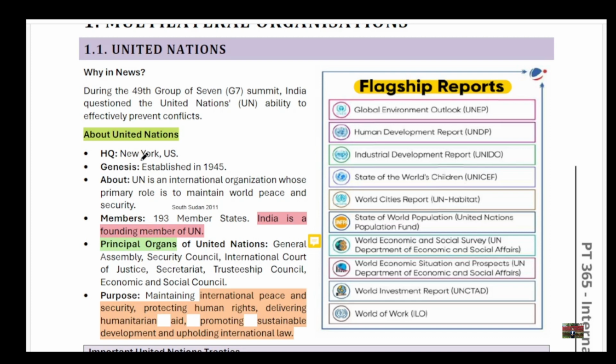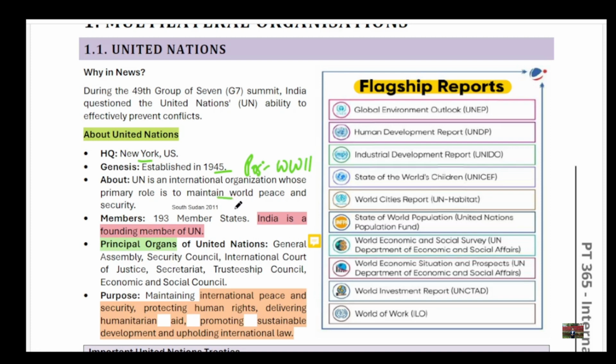The United Nations is based in New York, United States. It was established in 1945, in the post World War II era. It is an organization whose primary role is to maintain world peace and security.